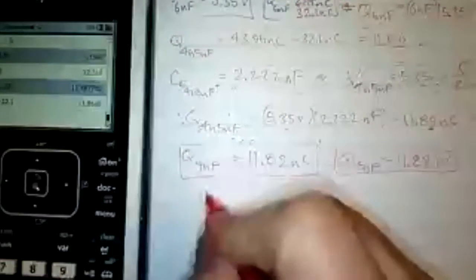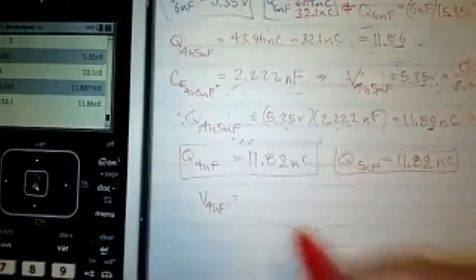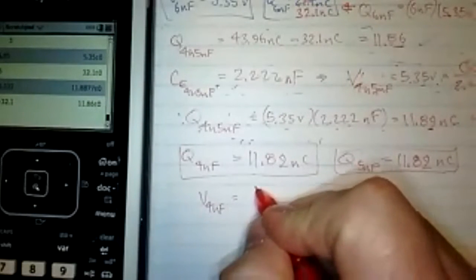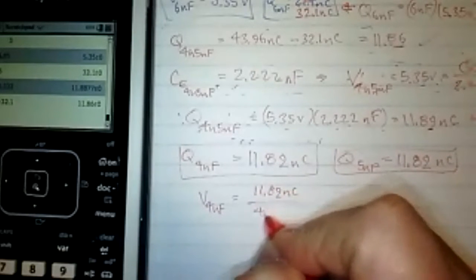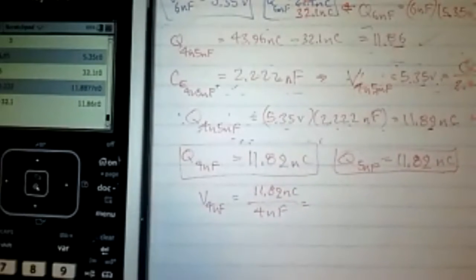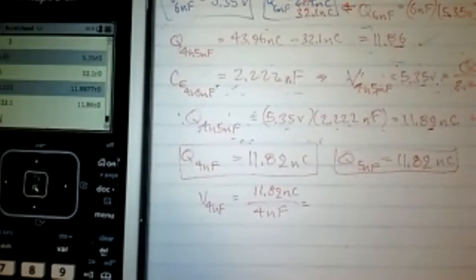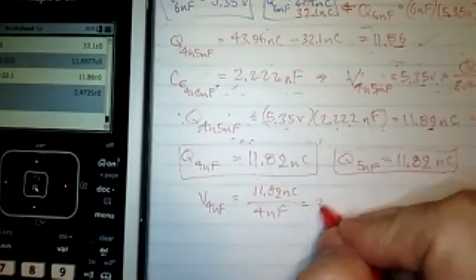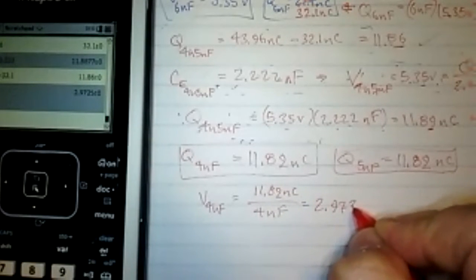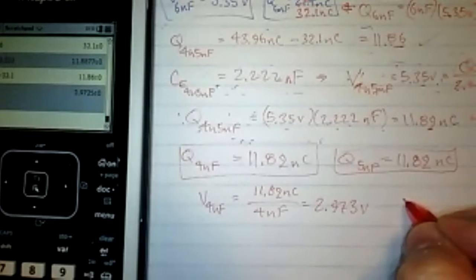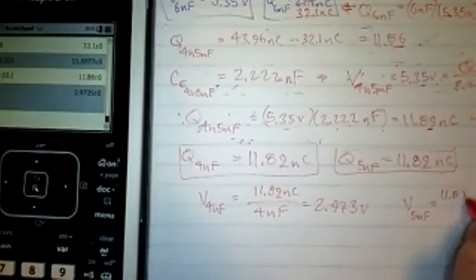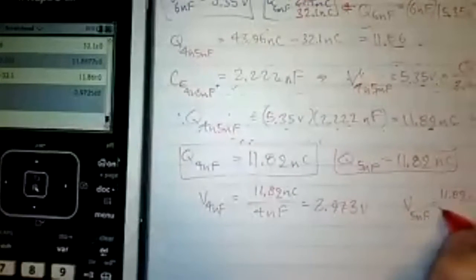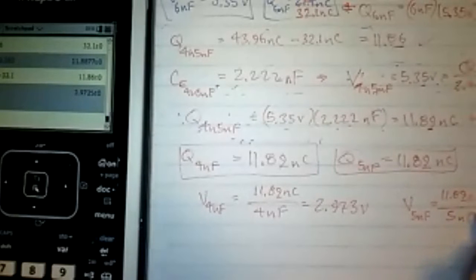So the voltage of the 4 nanofarad capacitor is equal to the 11.89 nanocoulombs divided by 4 nanofarads. So 11.89 divided by 4 is equal to 2.973 volts. And the V for the 5 nanofarads is equal to 11.89 nanocoulombs divided by 5 nanofarads.